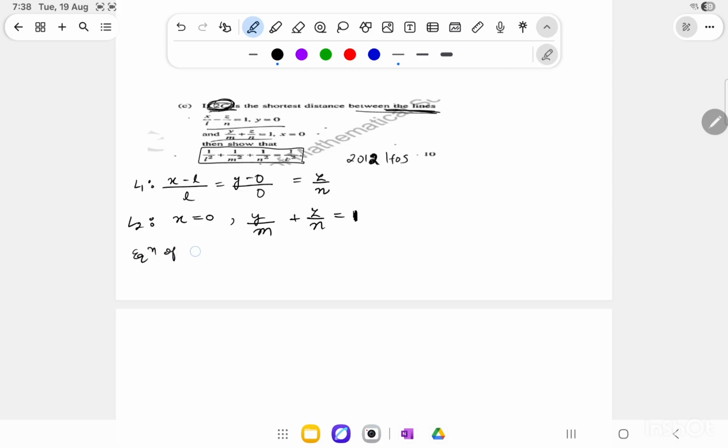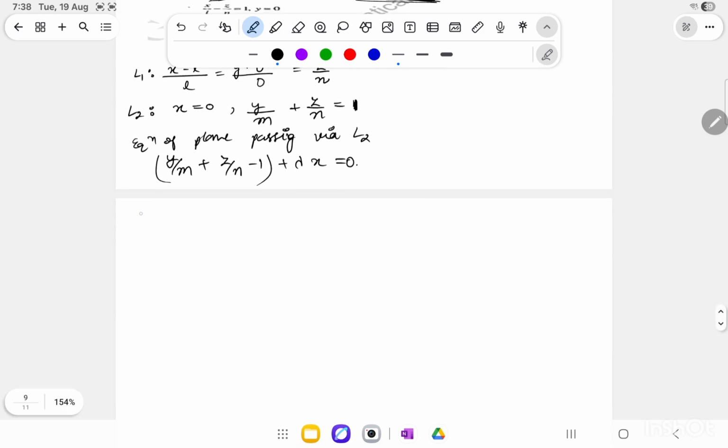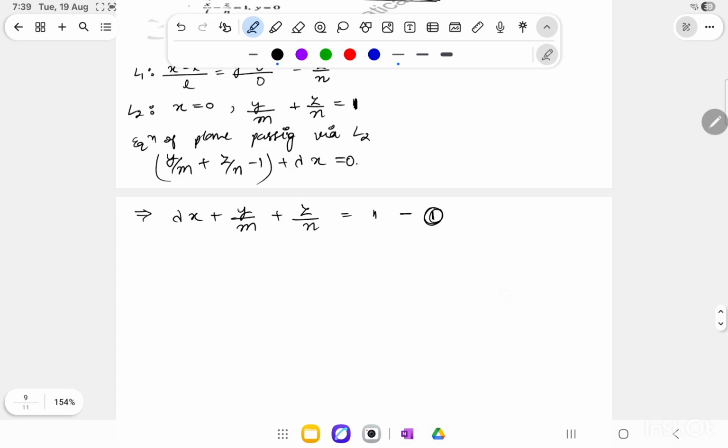So the equation of a plane passing via L2 will be of the form y/m + z/n − 1 + λx = 0. If I simplify it, I get λx + y/m + z/n = 1. Let us name it 1.